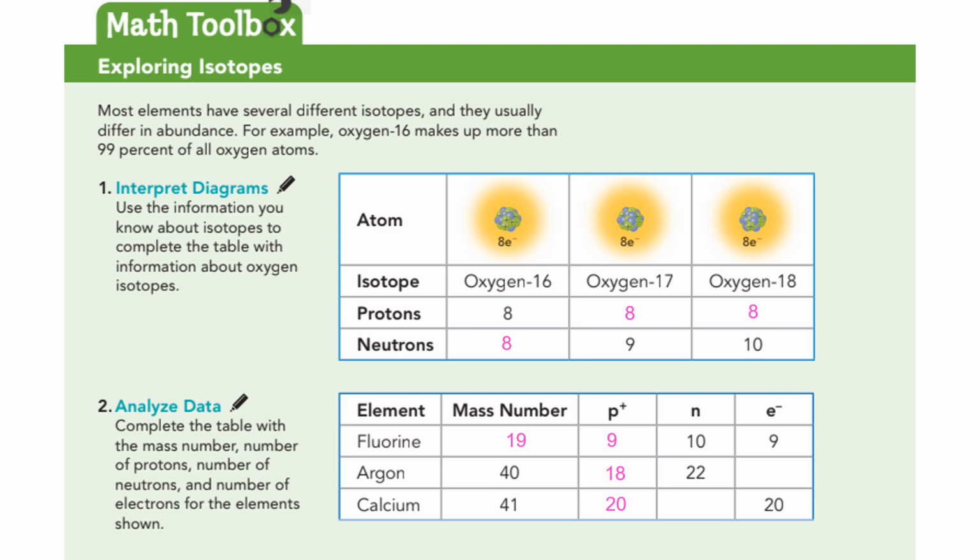The mass number is 41, so then we can determine that 20 plus 21 equals 41. As we said before, the electron number for argon is going to be 18 because they're always the same. Well, when we have a regular element, we are going to always assume that the proton number is equal to the electron number.